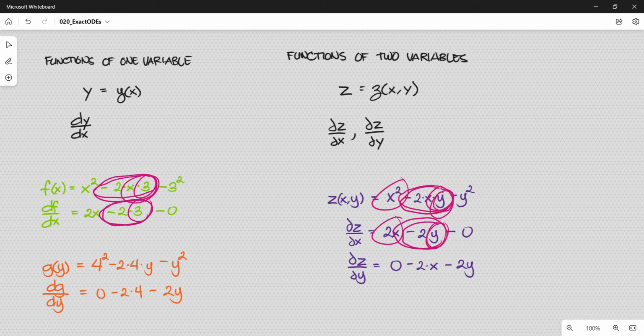So parang nagbe-behave siya in the same way na nagbe-behave yung constant na to. Itong 3 constant yan. So, similar way kung paano nagbe-behave yung 3 dito, ganun magbe-behave yung y dito. Okay? So, parang nag-a-act siya sa constant kapag kinukuha natin yung partial derivative ng z with respect to x.